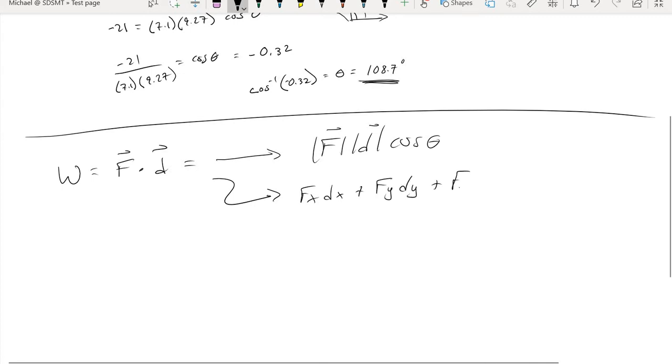Which one you use depends on how the material is presented. Obviously, if you already know the magnitude and angle, you should go with the first equation. If you don't have information about the angle, then using the component form is just as good.